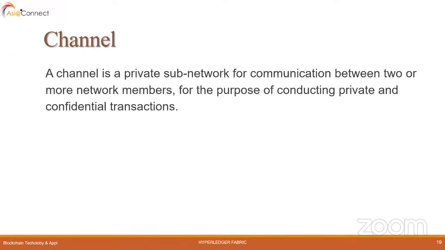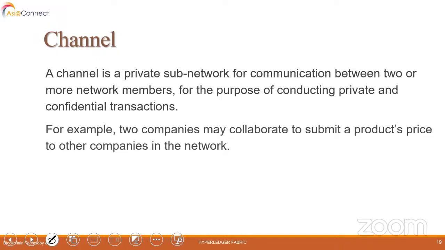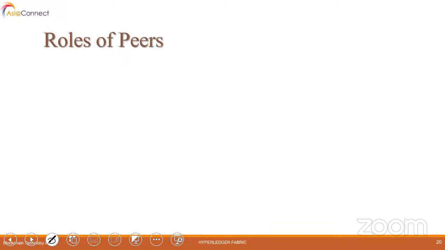So in public blockchains, you have one single network, whereas in enterprise level permissioned blockchains, we can create channels for communication and transactions. So two companies may collaborate to submit a product's price to other companies in the network. That can be one example.